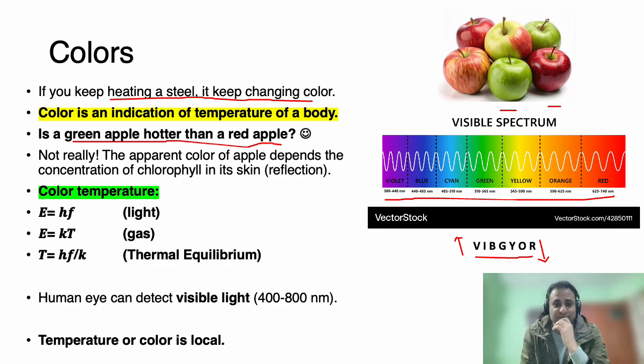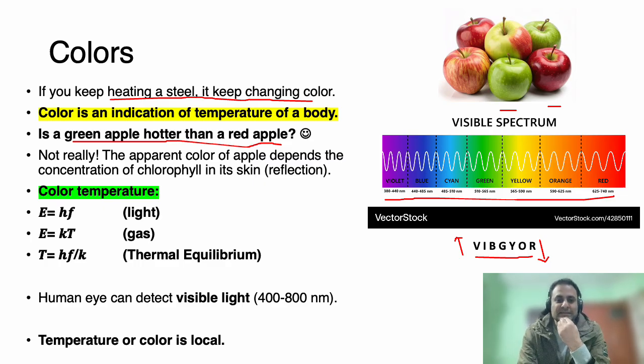It's just because of the reflection of different lights that we see different colors of an apple. But usually for a hot object, if it's near a black body, there is no reflection. So in that sense, the color of a hot body is exactly the measure of its temperature.